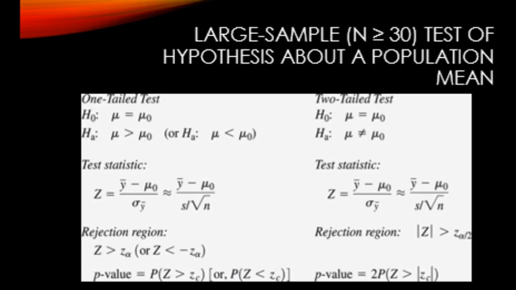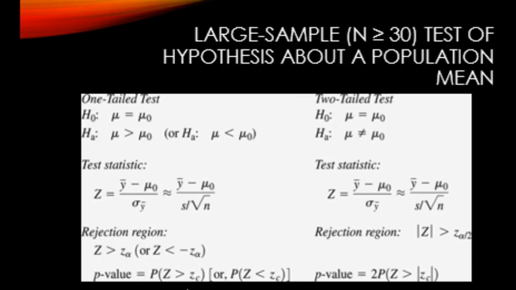Let's say we have chosen an alpha of 0.05, then basically the rejection region is the top 5% area of the distribution for a greater than test. If it's a two-sided test, then our rejection region is on both sides of the distribution, on both tails. So basically, if our alpha is 0.05, then 0.025 on each side of the distribution is the rejection region.